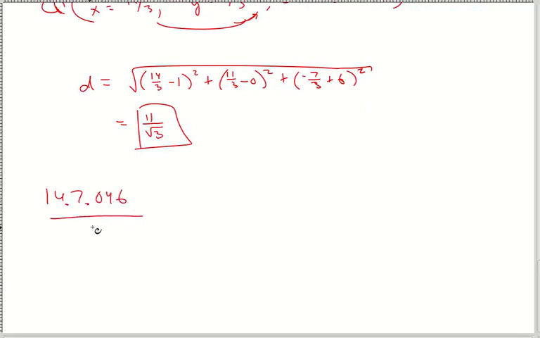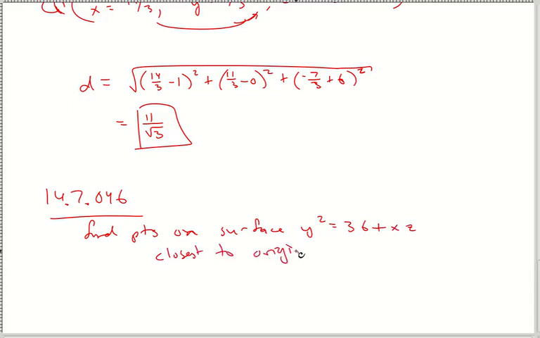147046 says, find the points on the surface y squared equals 36 plus xz, that are closest to the origin. Notice it says points. There's actually 2 of them.